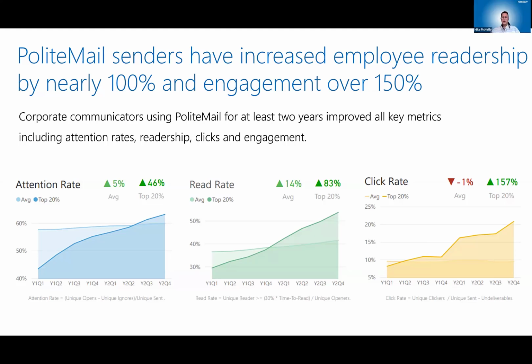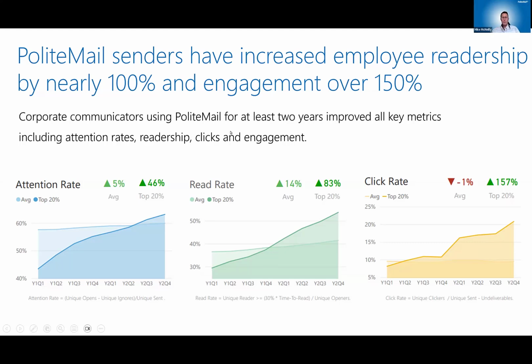So the top 20% is the average for that top 20% group, right? And then the average is just the average of all users. That's right. Yep. We take a quintile, like grading, and this is the average for that top 20. So some people do even better.